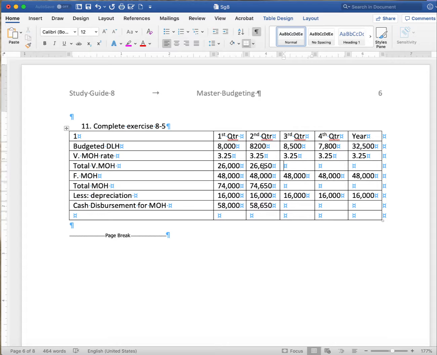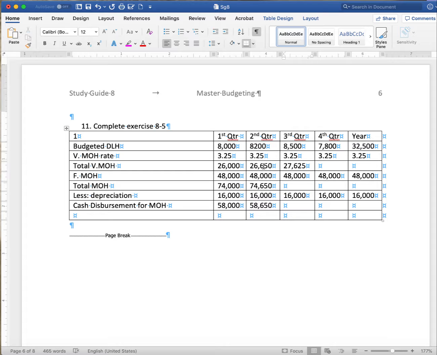I'm going to do the same thing for the third quarter, 8,500 direct labor hours that are budgeted times the variable MOH rate gives me total variable manufacturing overhead of $27,625.